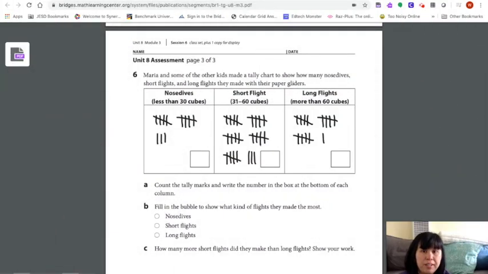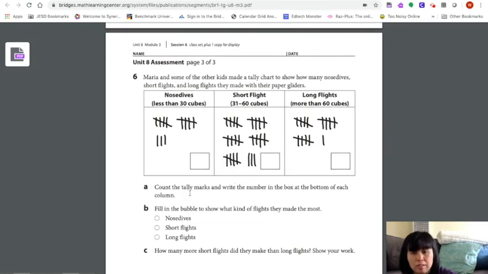All right, first graders, so this is the last page of our test. So let's read what it says. Maria and some other kids made a tally chart to show how many nosedives, short flights, long flights they made with their paper gliders. So here's a chart. And this is the chart we're going to use to answer the questions on this page.